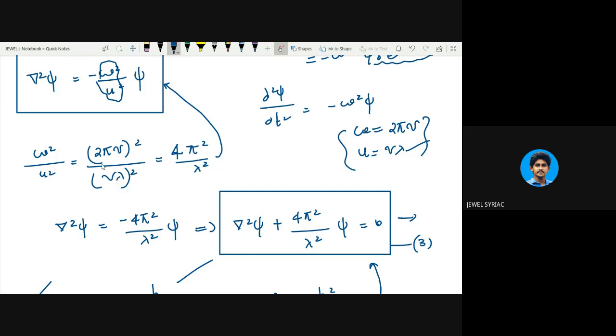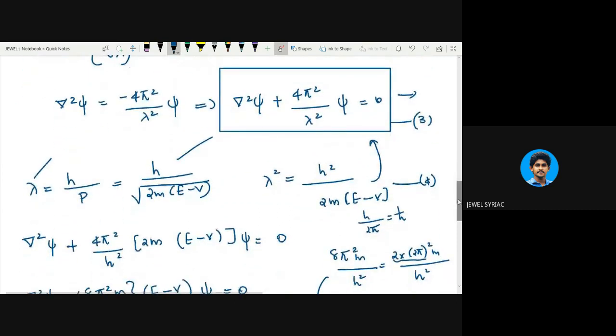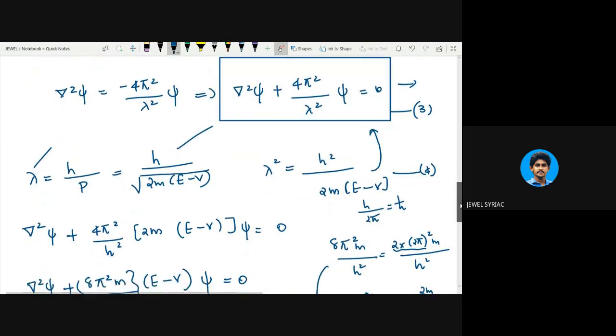Using those relations, we reach the expression for omega square by u square as 4 pi square by lambda square. Substituting that into our main wave equation, we get del square psi plus 4 pi square by lambda square psi equal to 0.